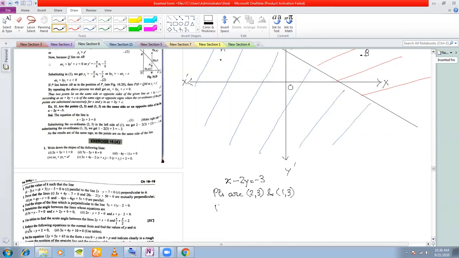What you do is you put x is equal to 2 and y is equal to 3 in the equation x minus 2y plus 3 is equal to 0. So you put x is equal to 2 and y is equal to 3, and then you check what you are getting.